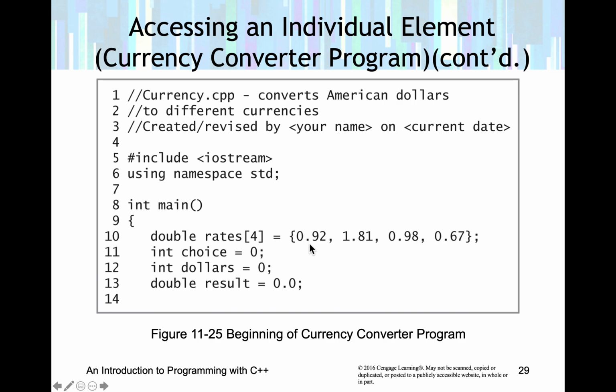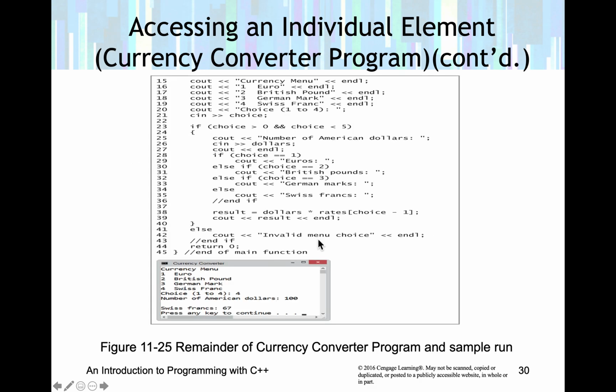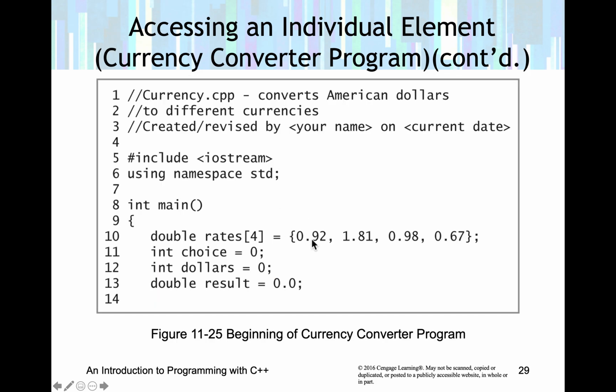For every dollar, I get 0.92 what's worth in euros. So that's how we would access that individual element, by figuring out which one I want. And if they enter a 1, I have to subtract 1 to get to the first element in the array, which is this one here.